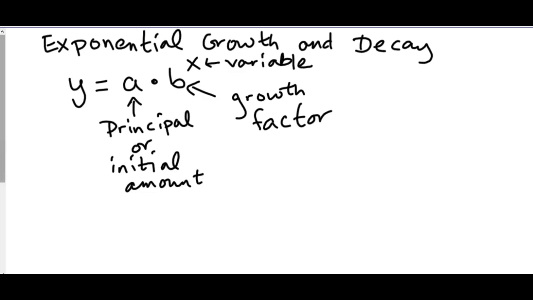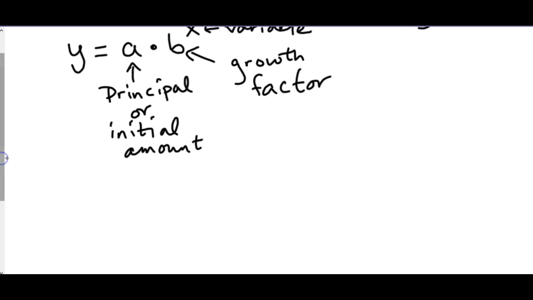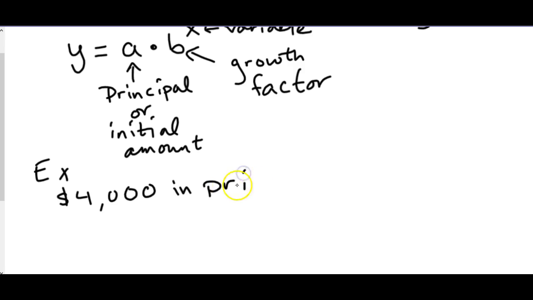So when we're working with interest, we have the principal or the starting amount. So let's say we have $4,000 in principal, and we're going to invest it in an account that earns 6% interest.